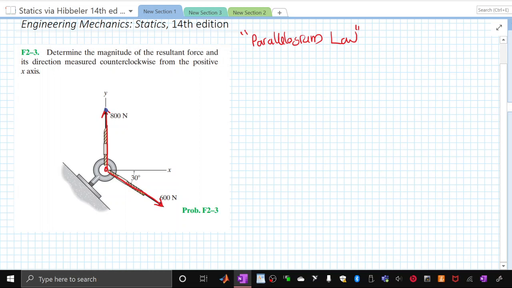So we're gonna start right here, at the tip of this 800 newton vector, and we're gonna draw lines that are parallel to the other vector. So I'm gonna try to draw a line that is parallel to the other vector. This line is intended to be parallel to this vector. Okay, so I just do it, and I'm gonna go to the other vector and do the same thing.